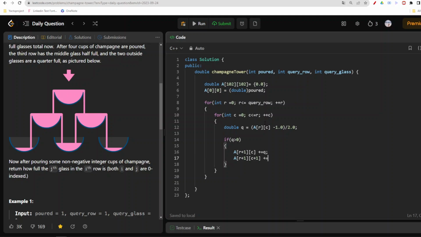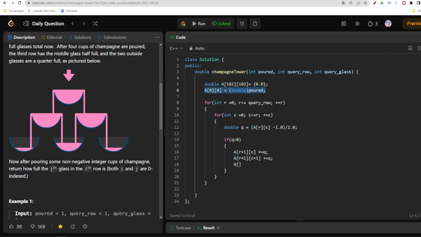So here again we will be adding up the quantity, and I already explained why we are adding up and not just assigning, because one glass can get at max from two glasses, right? So that's why we are adding up the quantity. And because of all this, at this point we have put the value as completely what was there, right?